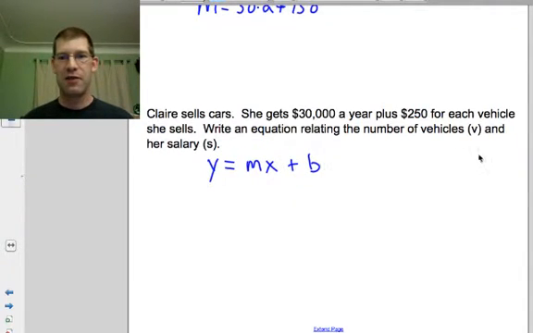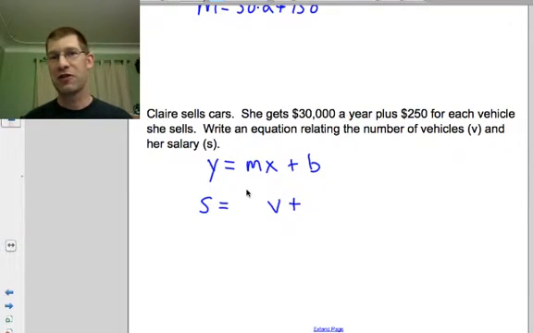Now, does the number of vehicles depend on her salary, or does her salary depend on the number of vehicles sold? It'd be the second one. So salary is the dependent variable, which depends on x, or in this case V, the number of vehicles sold. So we can put in our two variables there.